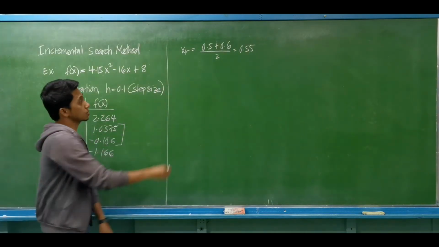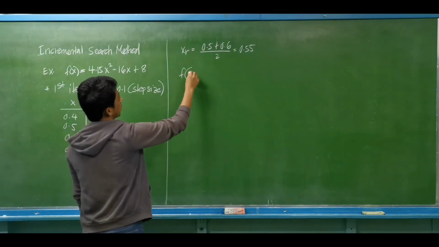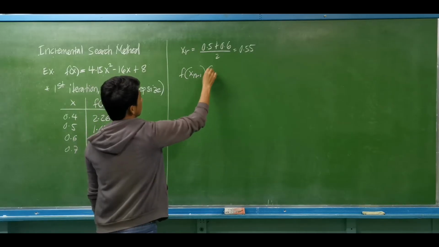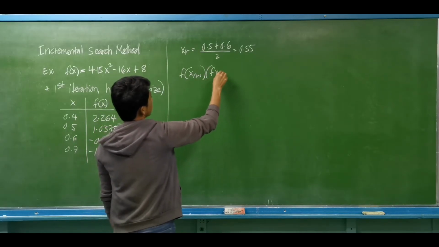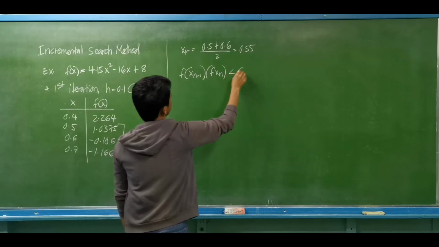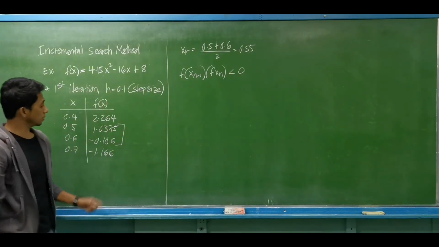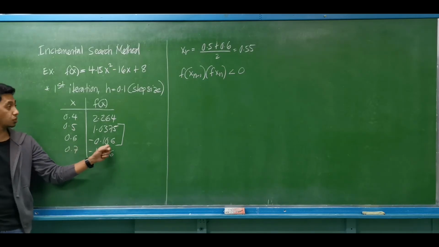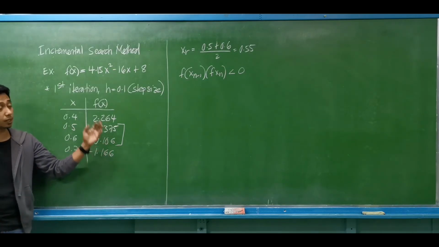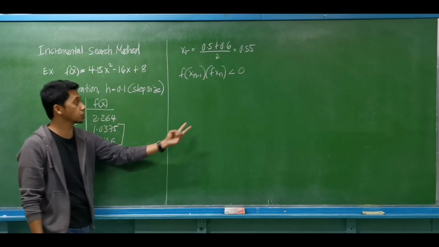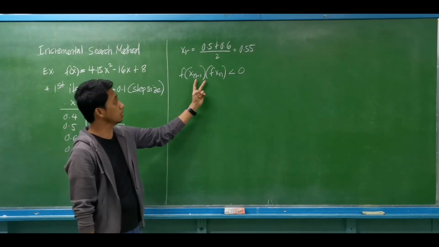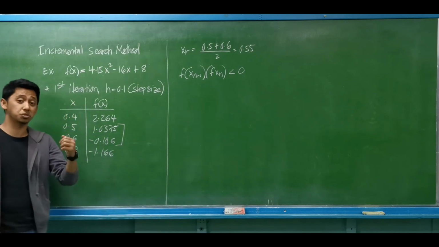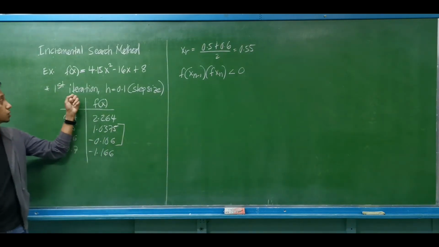This is acceptable as long as the product of f of x sub n minus 1 and f of x sub n is less than 0. Here, 1.0375 multiplied by negative 0.106 gives a negative product, less than 0. So we may consider that as the root for the first iteration.